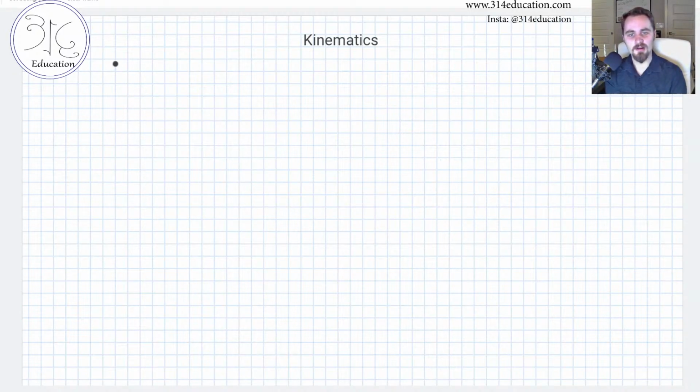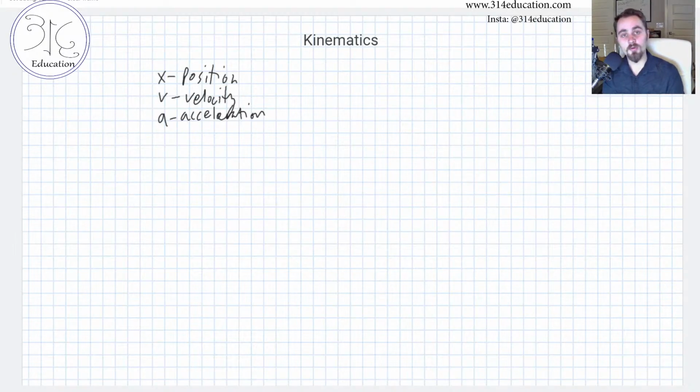Kinematics fundamentally is the relationship between position, velocity, and acceleration. These things are linked because they describe motion, but each of these 3 ideas denotes the rate of change of something, except for position, I suppose.